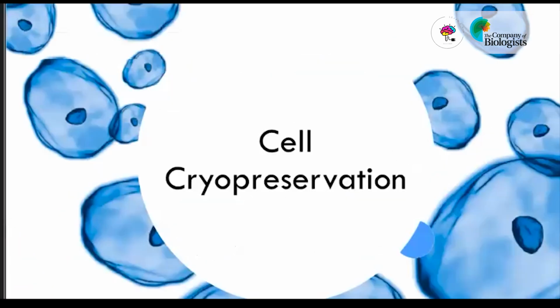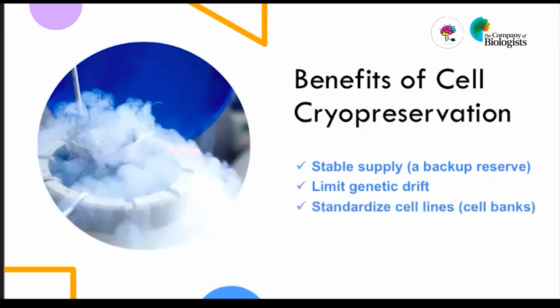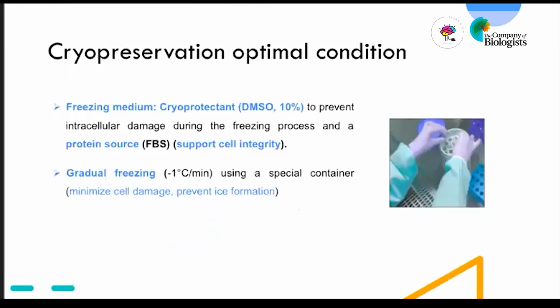Let's continue with cryopreservation. Cryopreservation is crucial for ensuring a stable cell supply, limiting genetic drift, and maintaining standardized cell lines through a cell bank. For optimal conditions, there are 3 important factors.